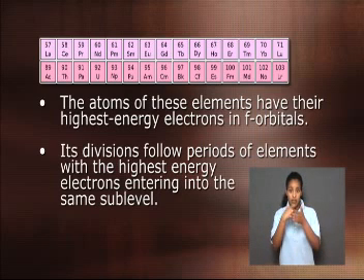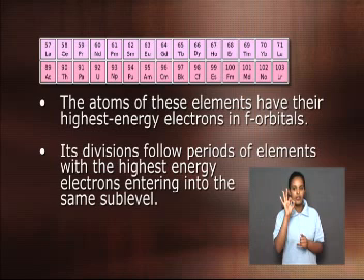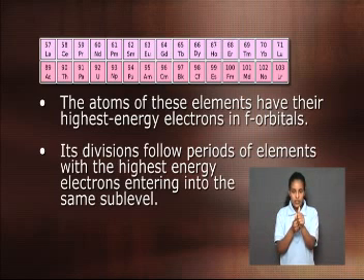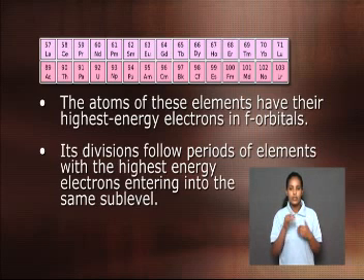As a result, the f block is divided horizontally into the lanthanide series and the actinide series. These are also referred to as the 4F and 5F series, respectively. These elements have been allotted the same single place in the periodic table, even though their electronic configurations are not identical. The variation in their properties is not substantial.